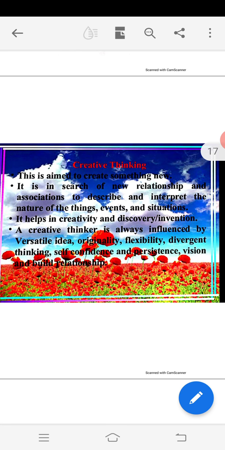The creative thinker perceives versatile ideas, good ideas, originality, reality, finds greater solutions, and has good insight or good perception. When thinking creatively, they always concentrate on versatile ideas, originality, flexibility, etc.